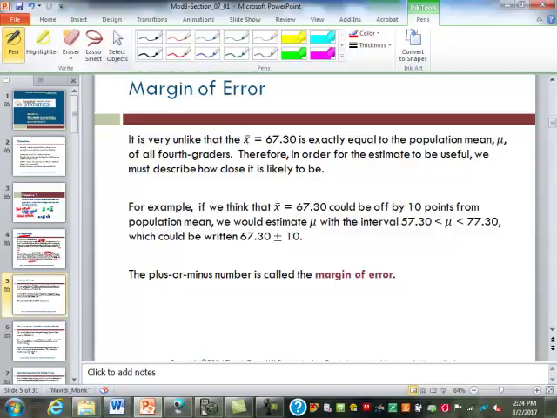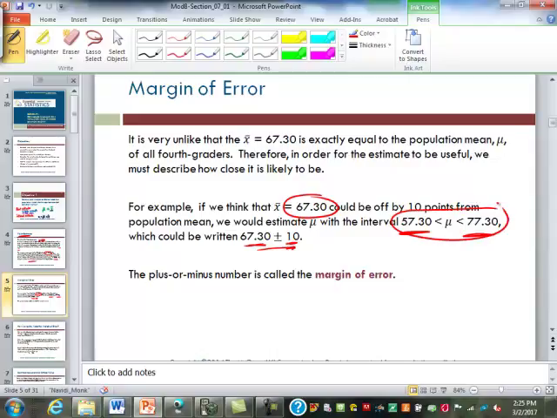So if we think it could be off as much as 10 points, so if we're pretty sure that the real population mean is within 10 points of that, well, then we would estimate an interval of 67.3 minus 10 to 67.3 plus 10. So 67.3 minus 10 is 57.3. 67.3 plus 10 is 77.3.